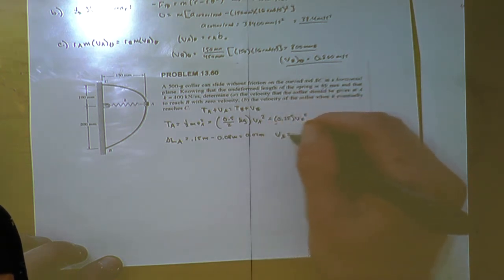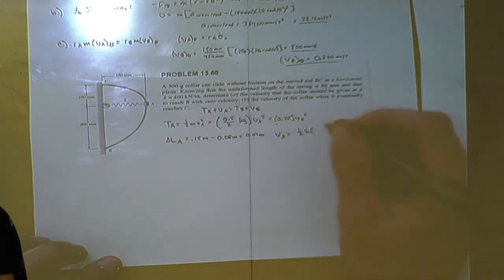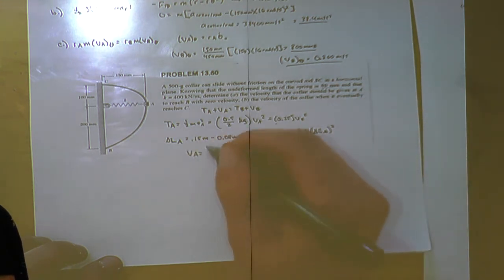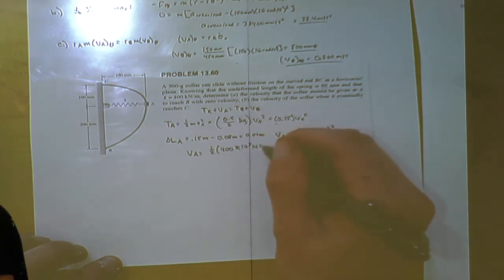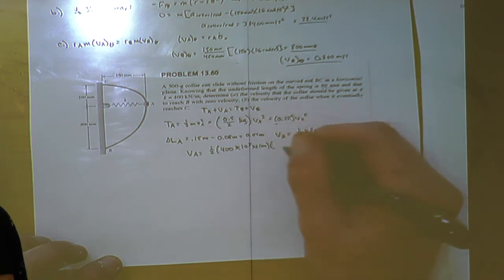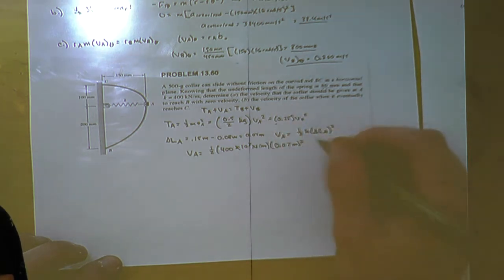So the potential energy is 1/2 k times the change in length at A squared. So V_A equals 1/2 the spring constant times 0.07 meters squared. It's going to give us 980 joules.